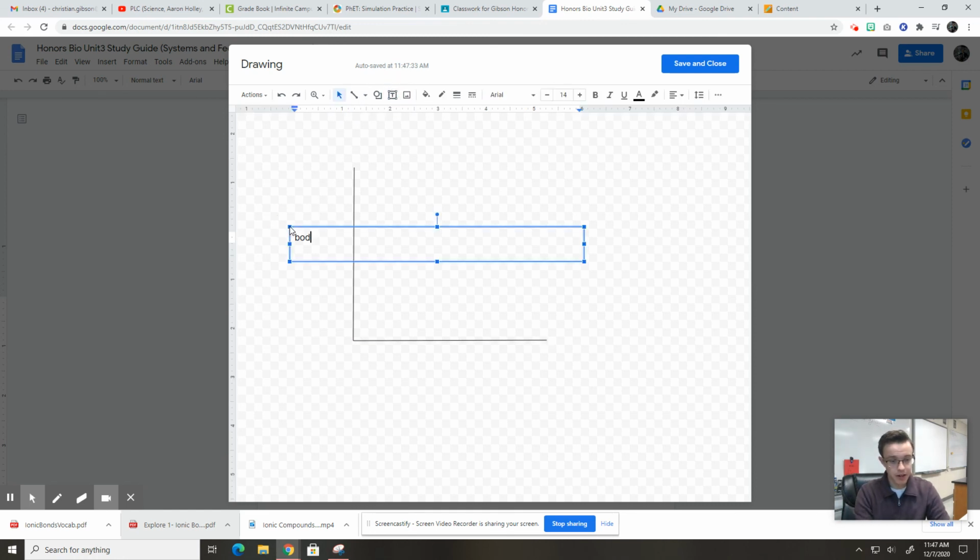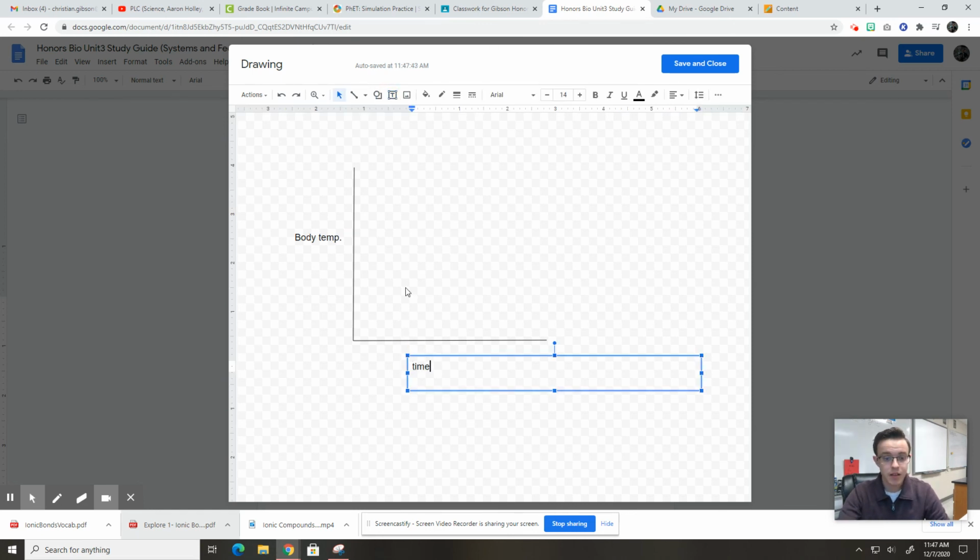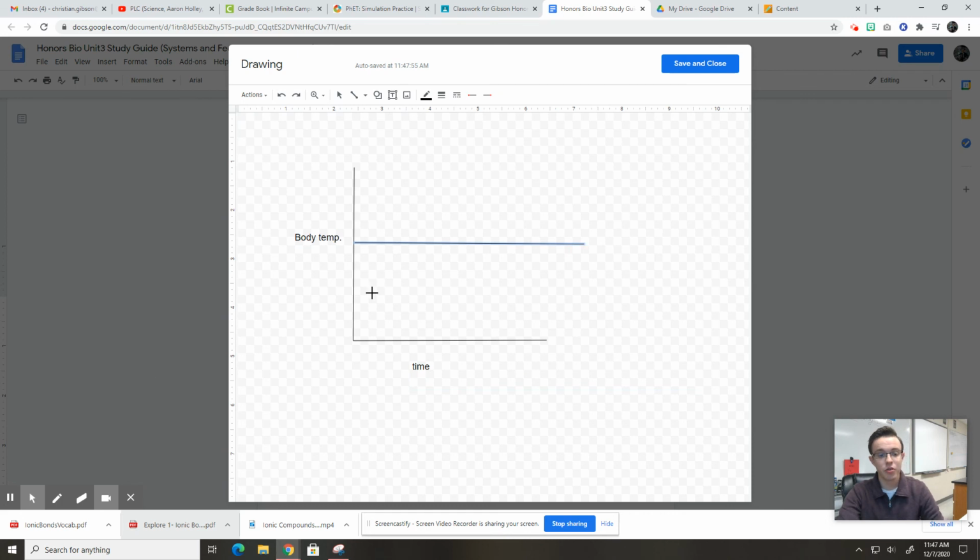So body temp is on our y-axis, and then over time. So on your negative feedback graph, it's always important to know that you need to have some sort of normal level, okay? So there's our normal level. We would call that homeostasis.